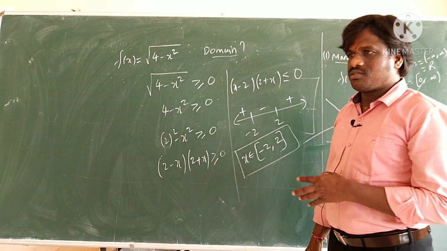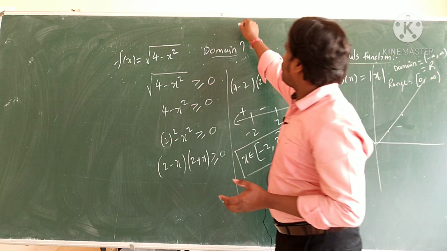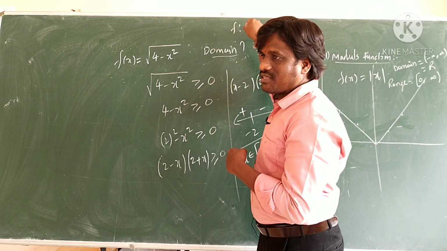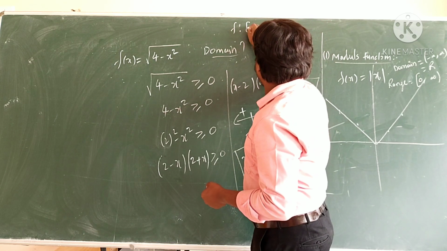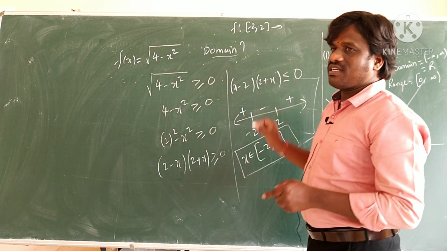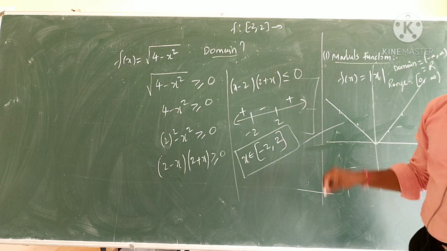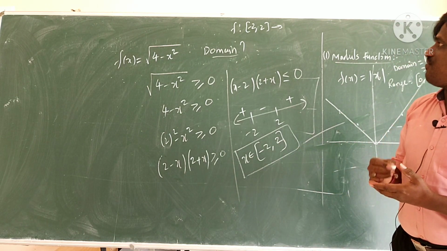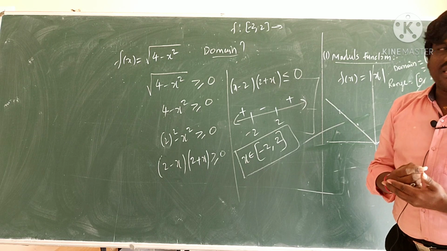Understood? f: R to R नहीं हो सकता इधर, minus 2 to 2 होगा. The function will be defined for minus 2 to 2. When it is defined, that is called the domain.